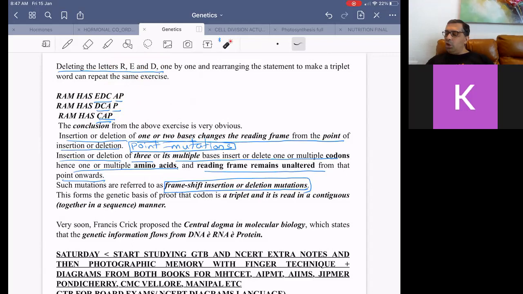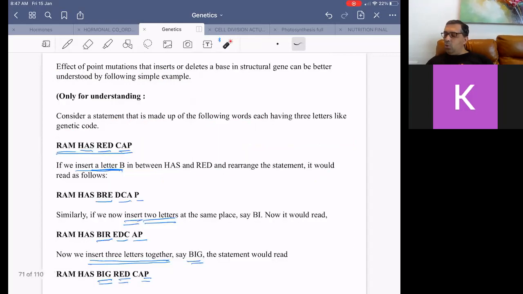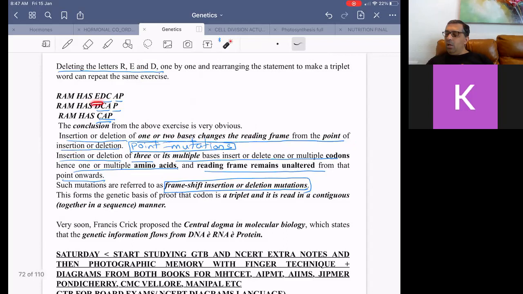So insertion or deletion of one or two bases changes the reading frame from the point of insertion or deletion. If we insert one or two base pairs, the reading frame becomes completely different. If one or two are deleted, the reading frame changes.